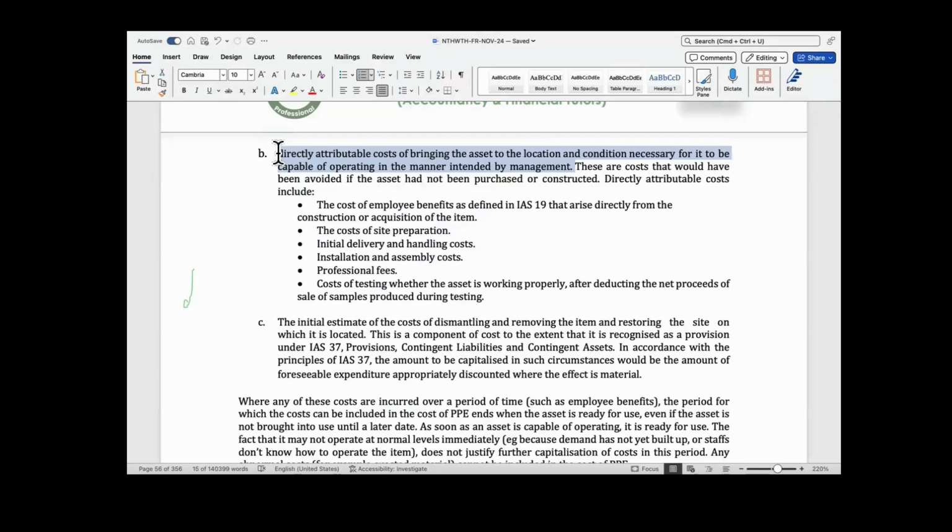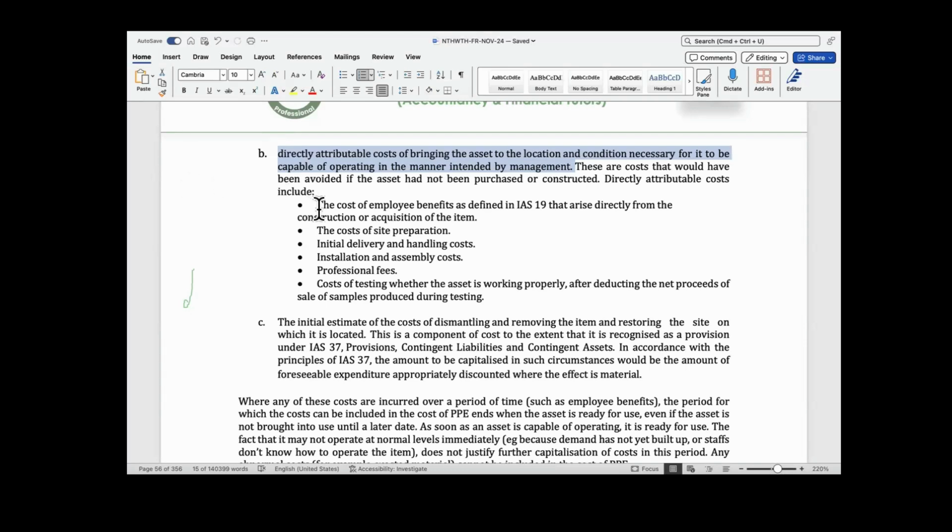Any cost you have to incur to get the asset ready for use, we call such costs directly attributable costs. So picture this.